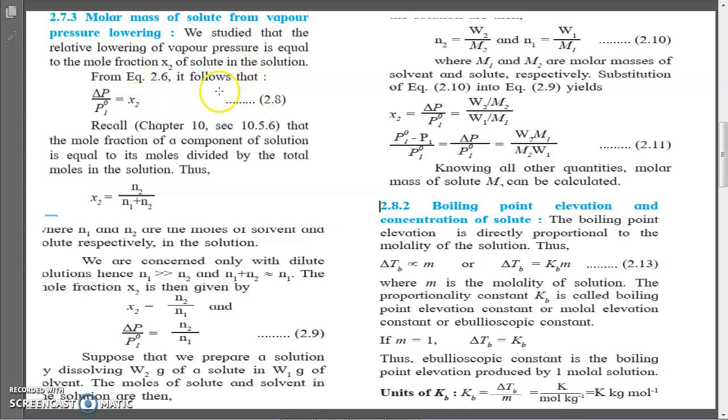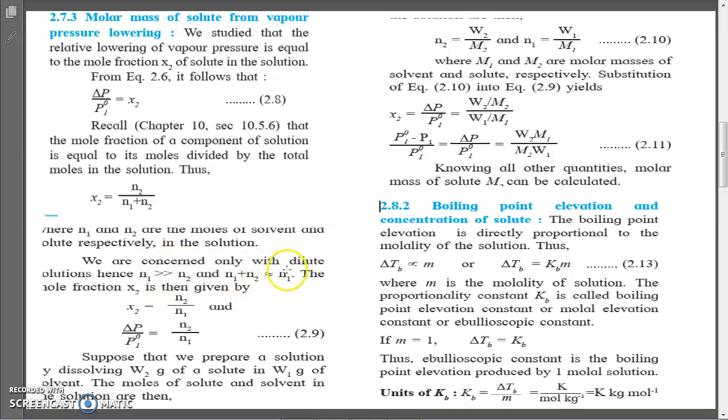From equation 2.6, delta P divided by P01 is nothing but X2. The mole fraction of a component is equal to its moles divided by the total number of moles in the solution. Here N1 and N2 are the moles of the solvent and solute respectively in the solution.